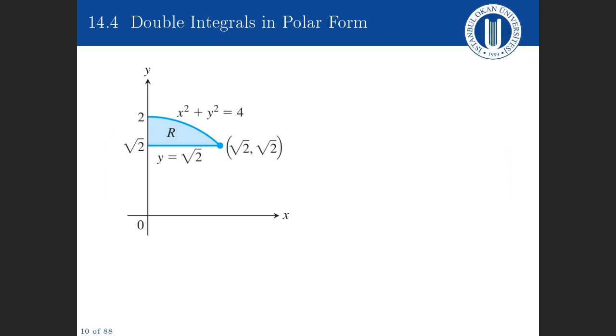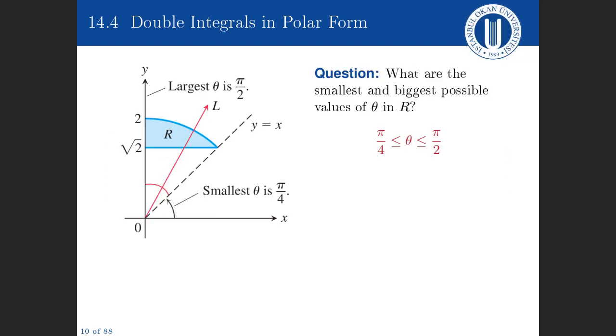Okay, look at this region R. I want to find limits of integration for this R using polar coordinates. So my first question is, what are the smallest and biggest possible values of the angle theta here?